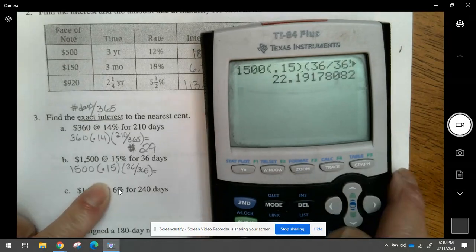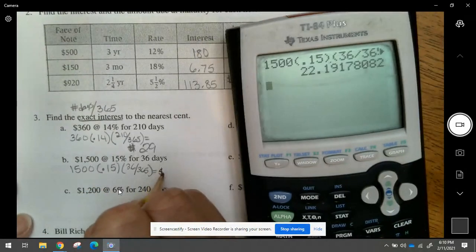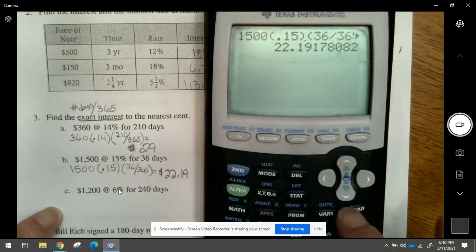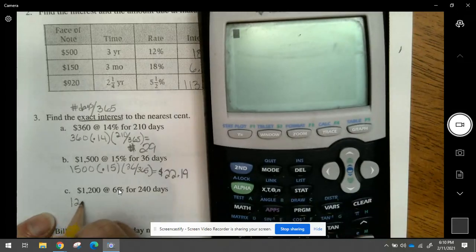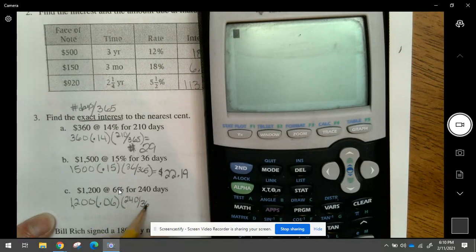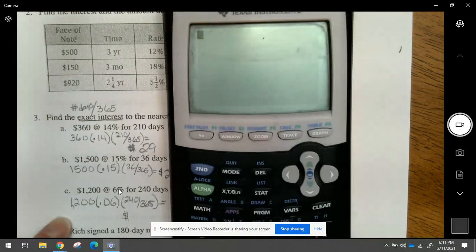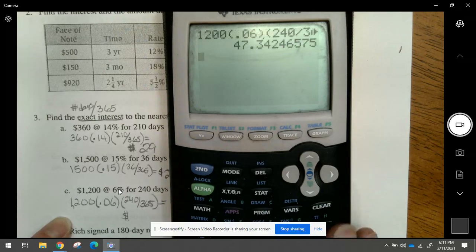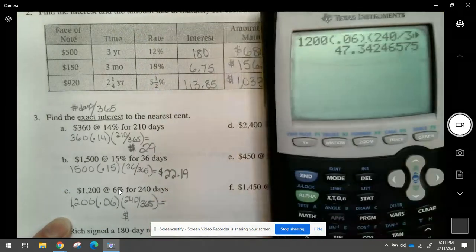And we get $22.19 here. Letter C, 1200 times 0.06 times 240 out of 365 days. $47.34.